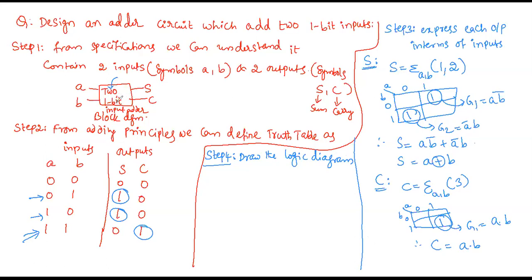So now we are drawing. Inputs are A, B. Outputs are S, C. What is S? S is equal to A XOR B. So draw the A XOR B diagram, and this is S. Next, C is equal to A into B.